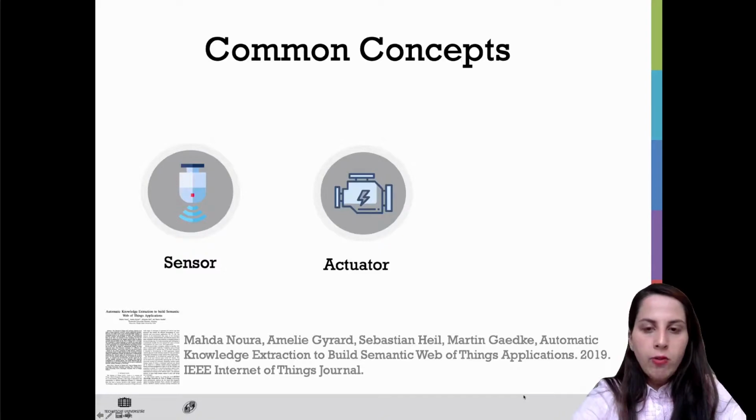So the first step that we need to do is identify what are the concepts that are essential to IoT domains. Based on our own experience in IoT application development and backed by scientific literature, we identify sensor and actuator as the two important concepts, because the physical hardware or the category of the hardware is the first thing the developer has access to, as we also saw in the first common process.